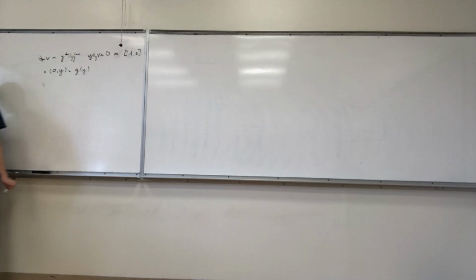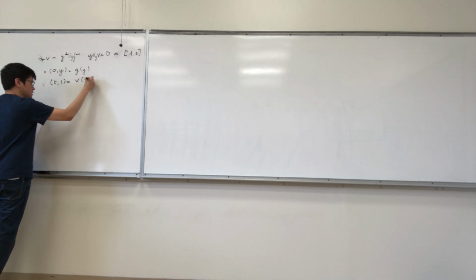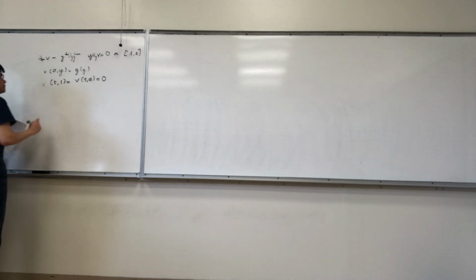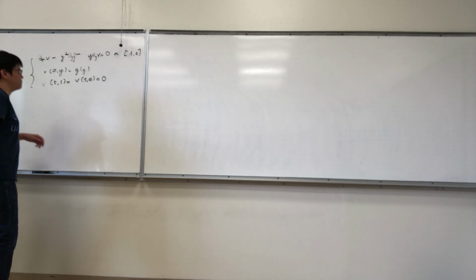All right, and then you're going to have a boundary condition which is vt1 is vte, and this is 0. So this is the equation that we were trying to solve last time.